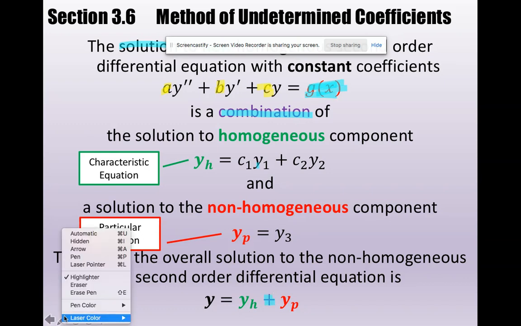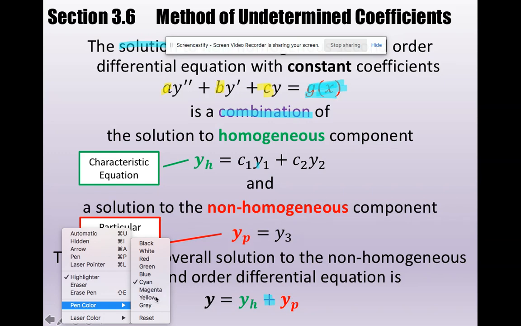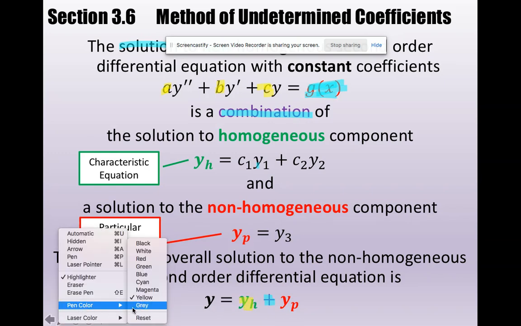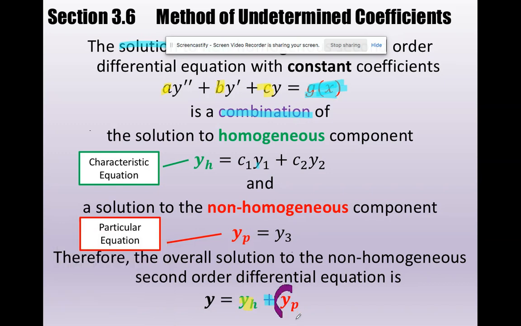So we already know how to find this part. What we need to figure out is how to get this part, and we are going to focus today on the method of undetermined coefficients as our way to find the particular solution for the non-homogeneous component of the second-order linear non-homogeneous differential equation.